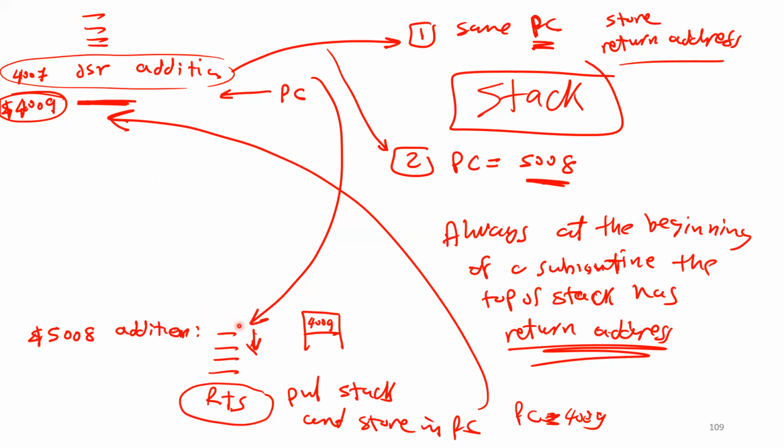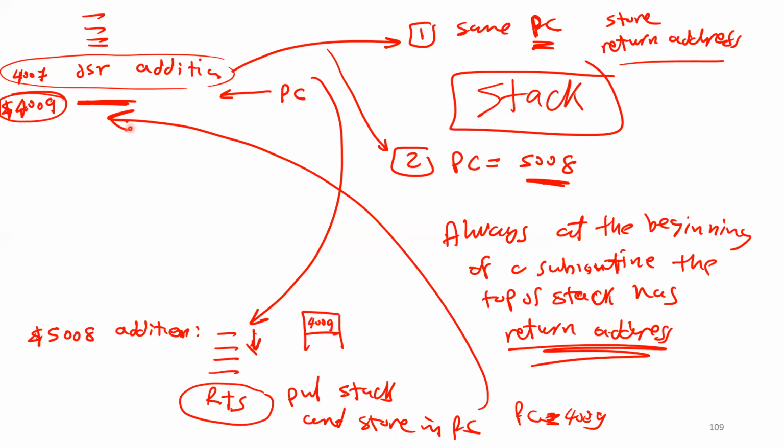So now if I come here, the top of the stack is 4009, because the jump instruction already stored PC, which holds this one, on the top of the stack. So when I come here, the top of the stack is holding the return address. Number two, when I come to RTS, the top of the stack also should be 4009, because RTS is going to pull whatever is on the top of the stack, put it in PC, so that I come back to here. Is that okay, guys?